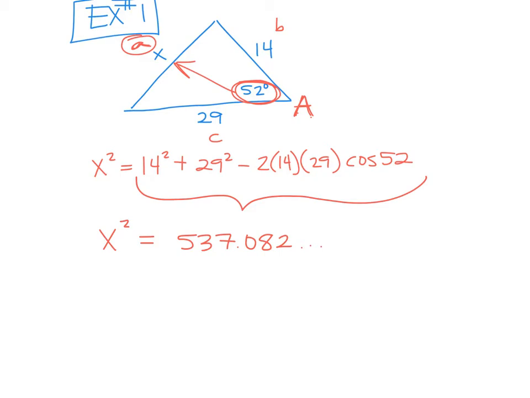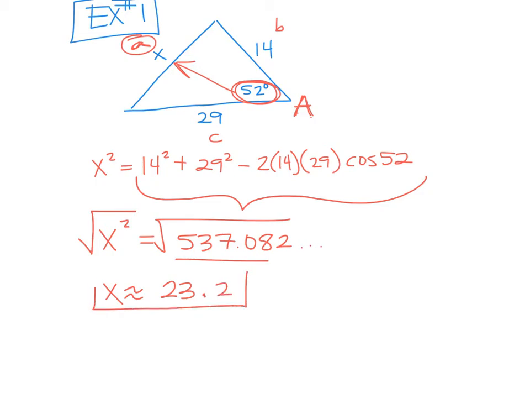But when you're doing this problem, I don't even need you to write that down, because what are you going to do to that number? You're going to square root it, right? It's x squared, so we're going to square root both sides. Take the square root of 537.082, and to the nearest tenth, what would you get? 23.2.